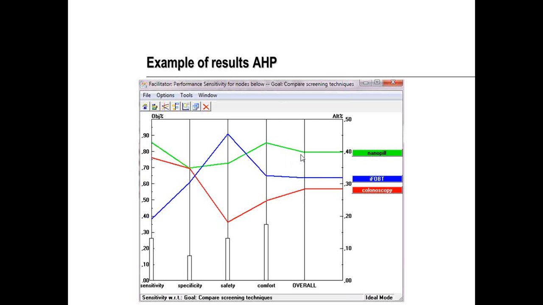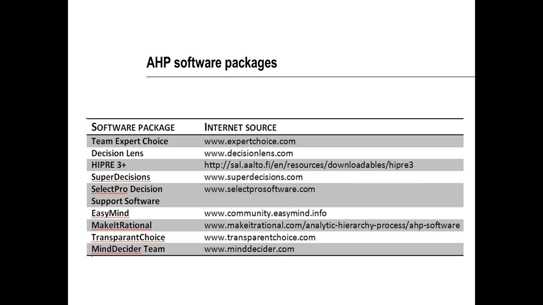So this might suggest that it could be interesting for this hospital to seriously consider clinical trials with the nanopill, because it has some disadvantages, but they appear to weigh up against more important advantages. So this is an illustration of the overview you will get when you are using the analytic hierarchy process.